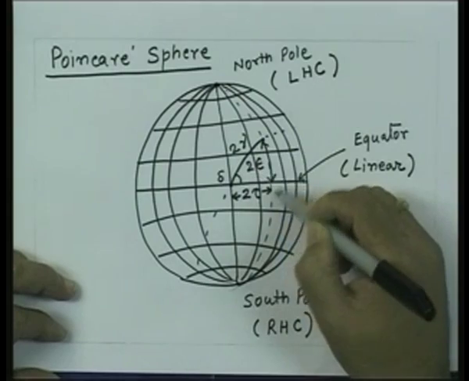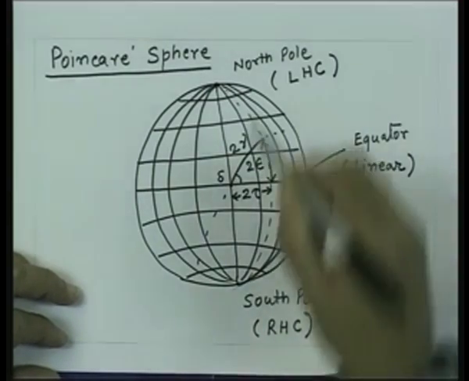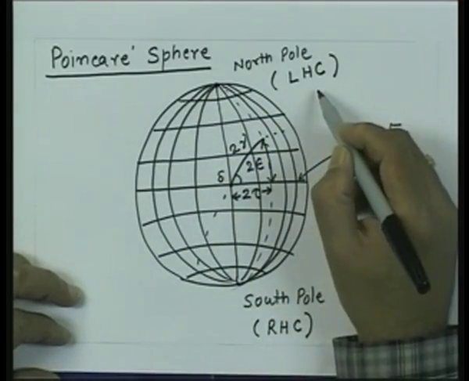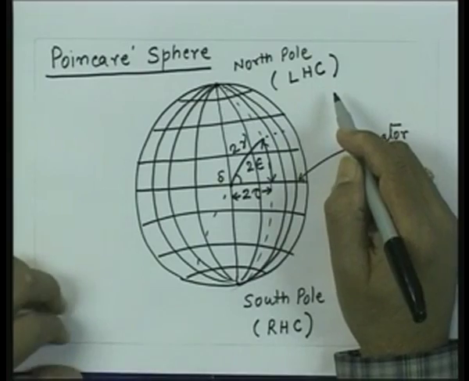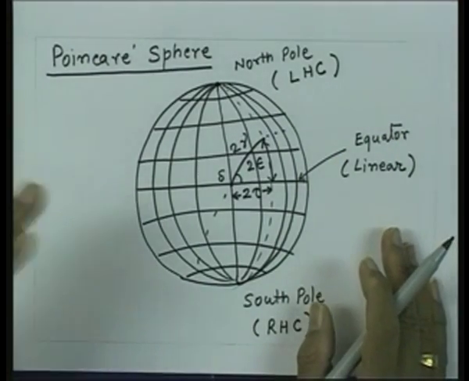This axial ratio is positive. What that means is that points which lie in the northern hemisphere represent left-handed rotation, because we saw from our earlier discussion that if Ey leads Ex, then the sense of rotation is left handed.